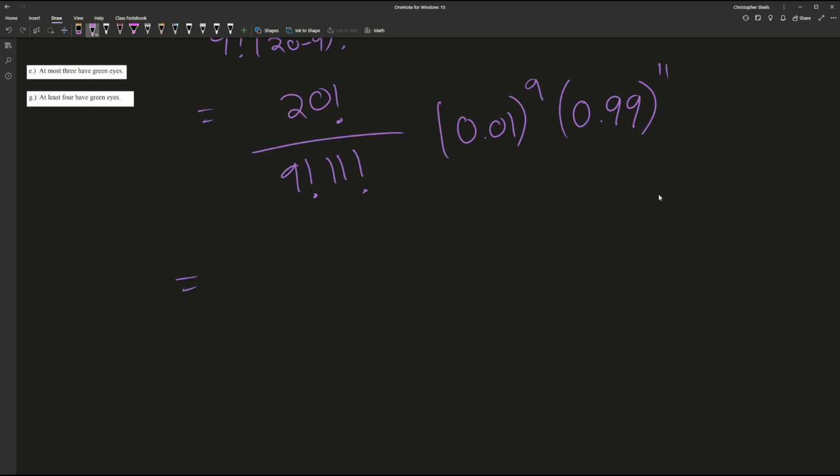But if we plug all of this into a calculator, we should get 1.5 times 10 to the negative 13th, which is about 0.000. This is a very, very tiny value. There are going to be a lot of leading zeros here.